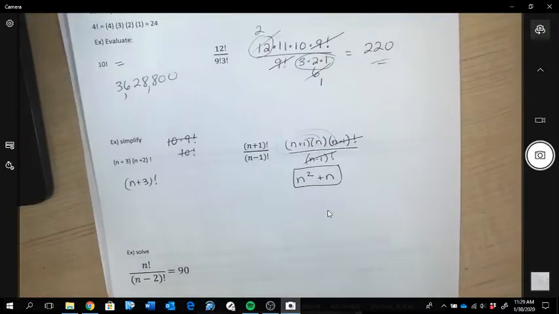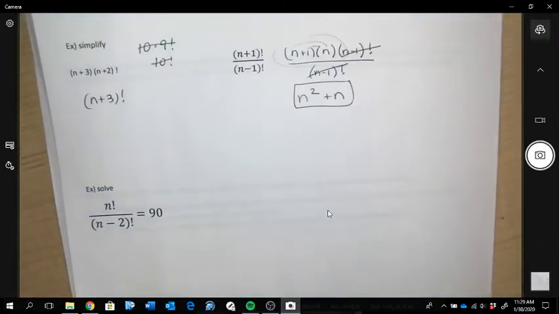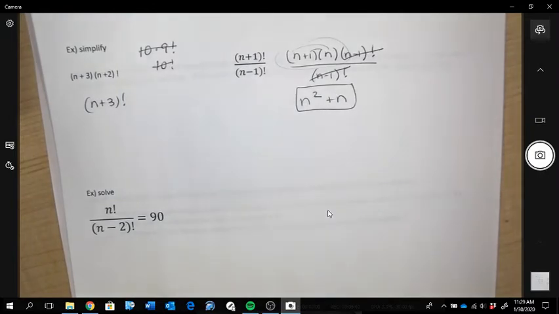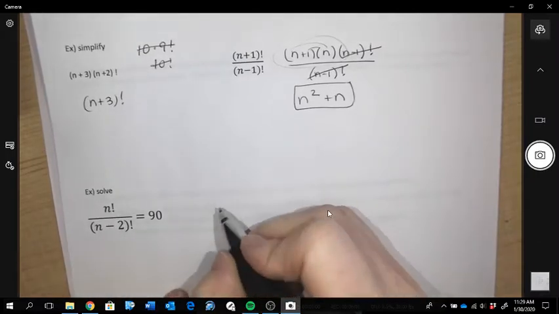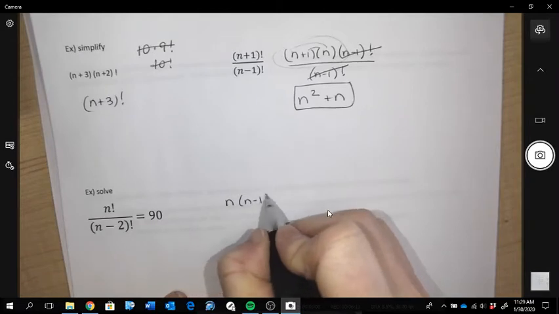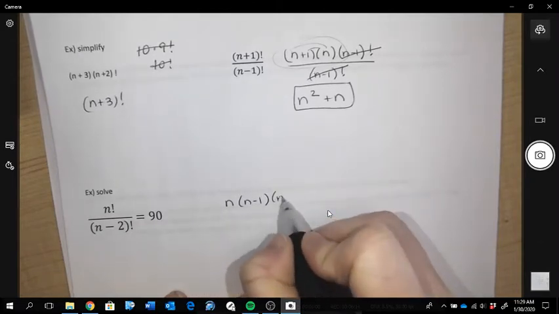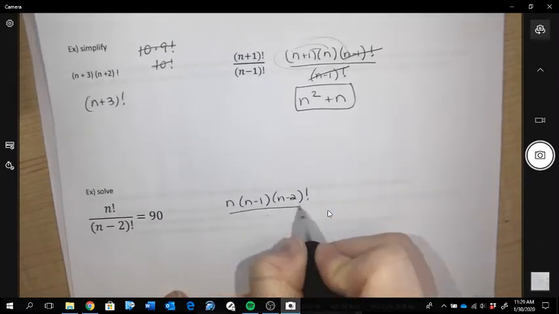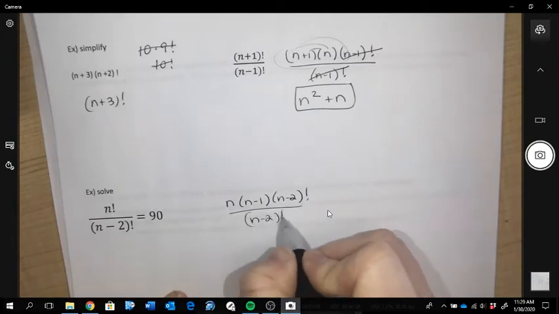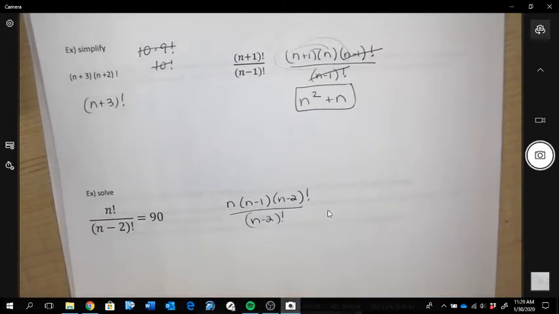Okay, now I have an equation to solve. Again, same kinds of strategies where you're going to expand the larger one. So this is the larger. So n descends down, and that is where I'm going to stop once I've hit something that's going to cancel.